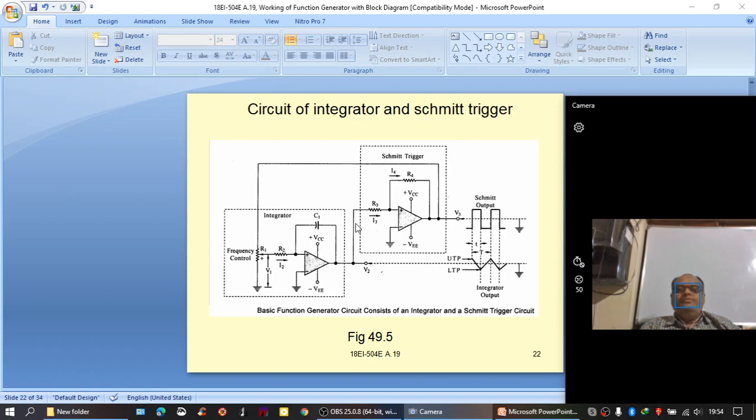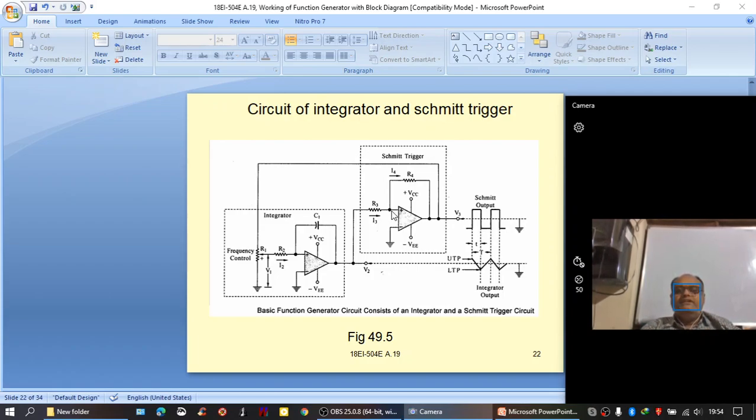and at one particular voltage of the ramp, when the voltage here falls below LTP, the lower threshold potential. Now here the voltage is V2 and here the voltage is V3. Now what is the voltage available here?